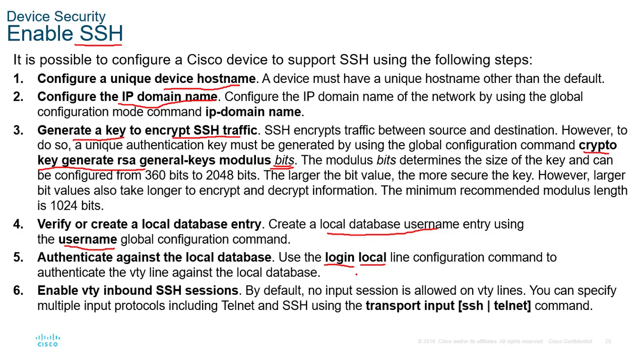You'll be asked for a username and a password, and so that's much more effective. And again, with the transport input command, by just specifying SSH, you won't allow more insecure telnet connections to occur.